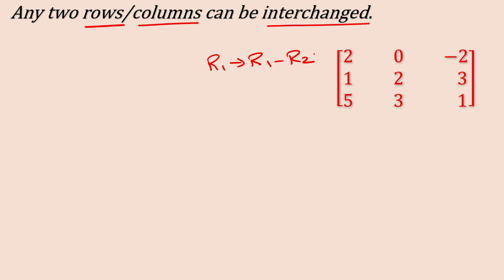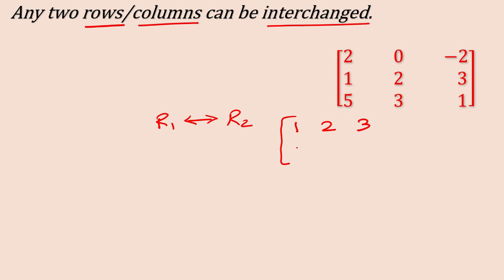But we don't want to deal with such a big calculation because we have an easy way also. What is that way? We can interchange R1 with R2. So you see, directly the elements of R2 and R1 will be interchanged. R2 will become R1 and R1 will become R2 and R3 will remain same.